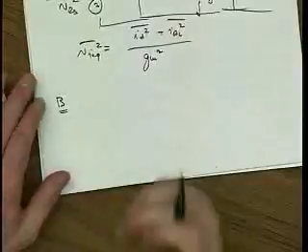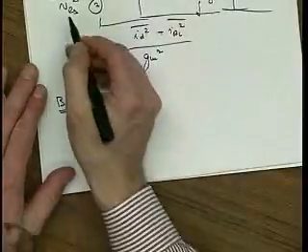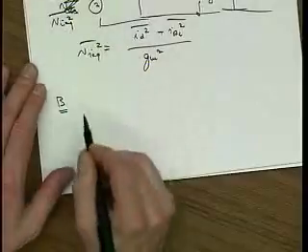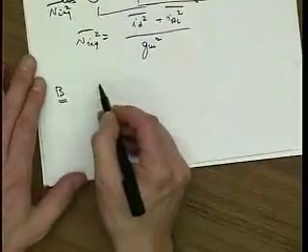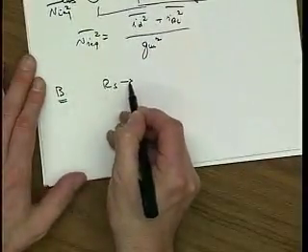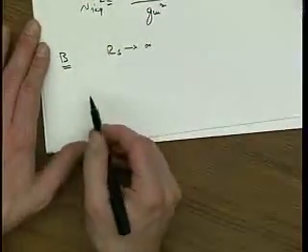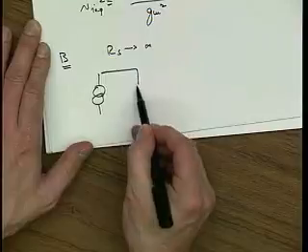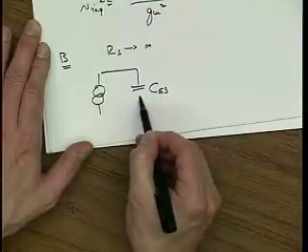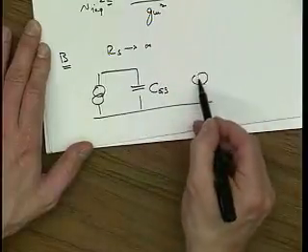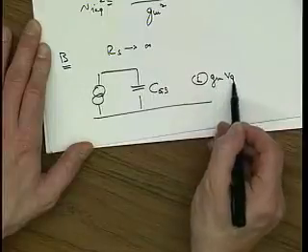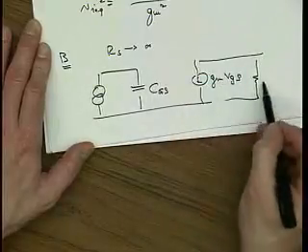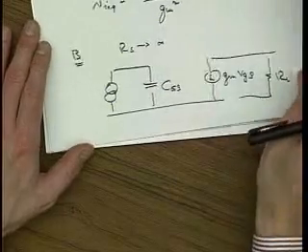This is actually IEQ square. In case B, I make RS go to infinity, and now my circuit looks like this.